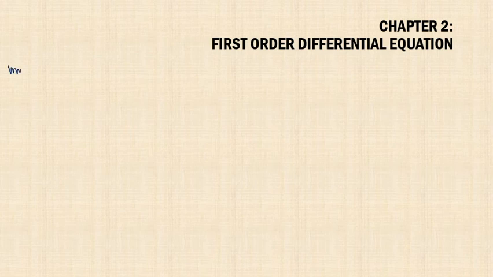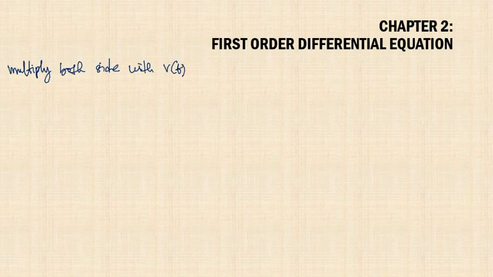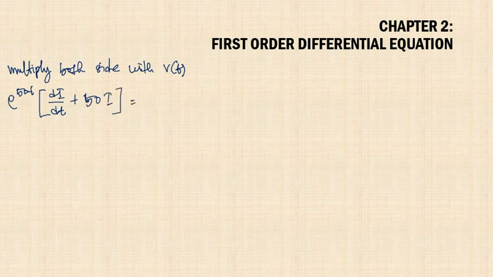Then we multiply both sides with V of t. So we have e power of 50t times di over dt plus 50I on the left side equals e power of 50t times 5 on the right side.